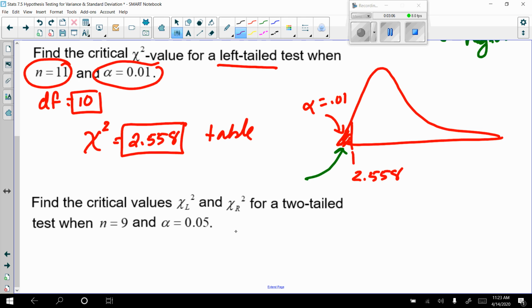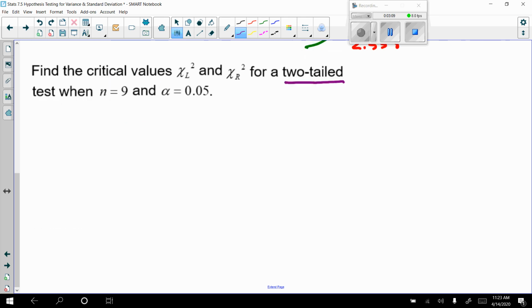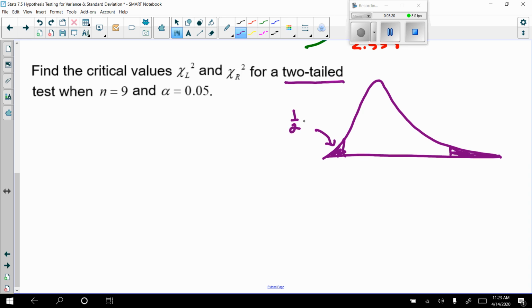And then we have two-tailed tests for chi-square, which means that we have both a left and a right region. This will be half of alpha, which is going to be 0.025, and this will be half of alpha, which is going to be equal to 0.025. Or we can think of this as 1 minus 0.025, which is 0.975.